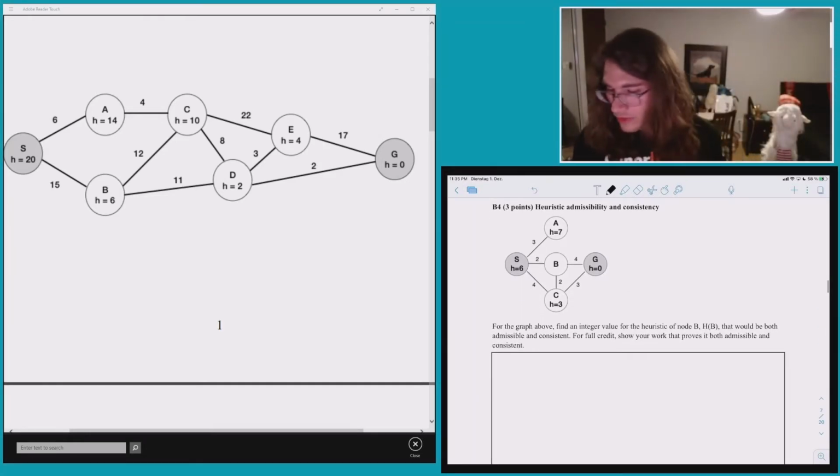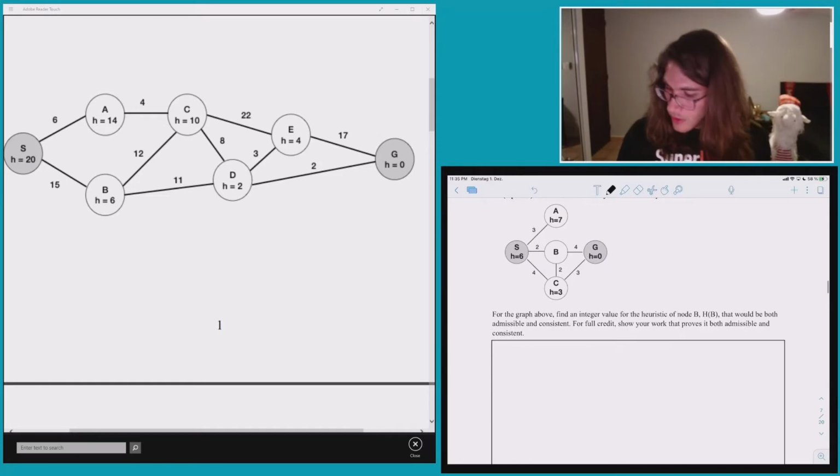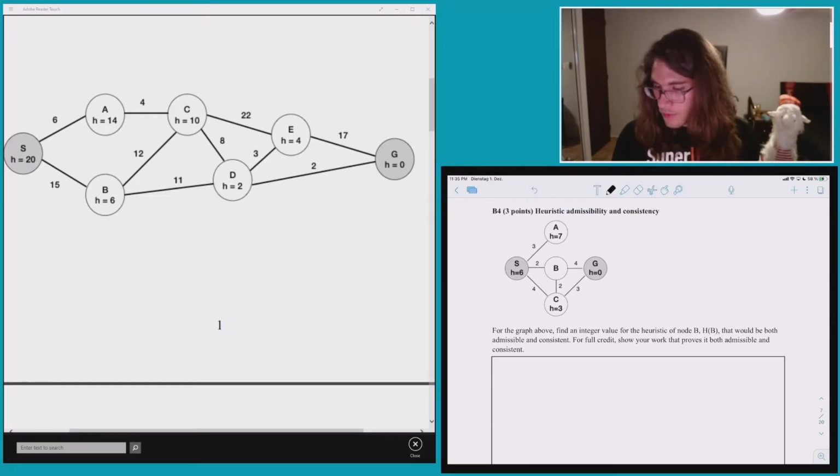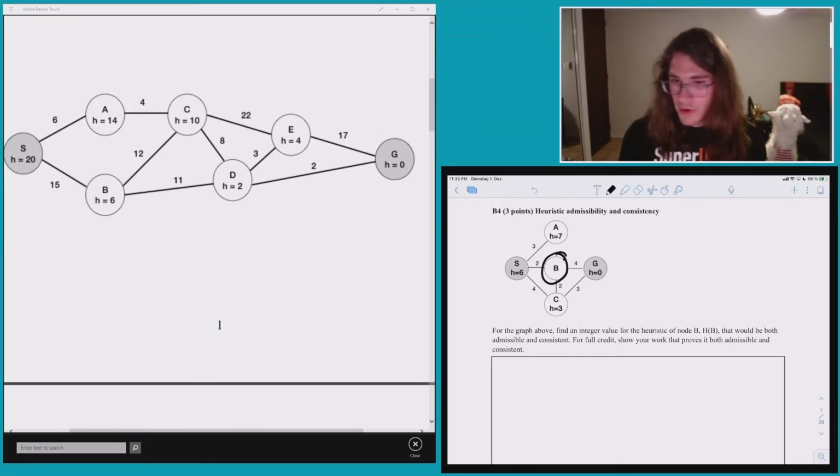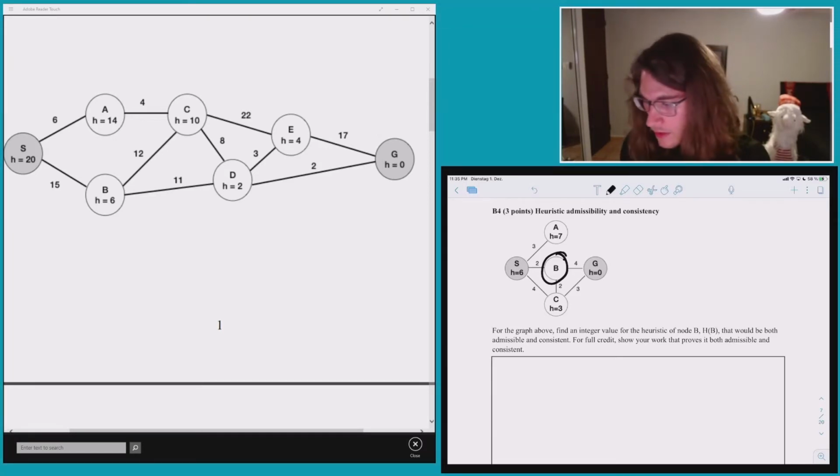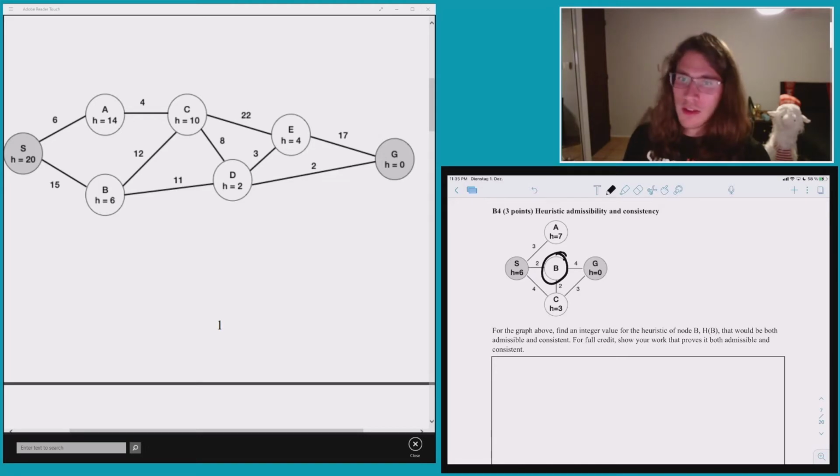So for this last question, we are asked to find a heuristic estimate for B that would make the graph both admissible and consistent. As a general reminder, admissible means that it never overestimates the distance from a particular node to the goal.